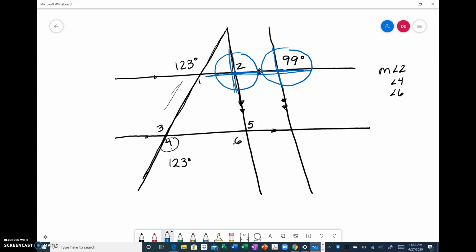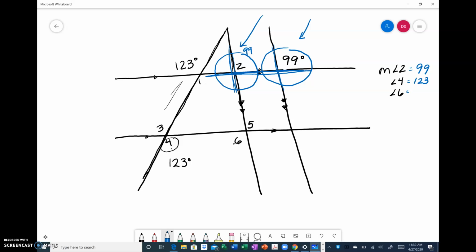So we can say that if this angle in the top right is 99 degrees, then this angle in the top right of the intersection also has to be 99 degrees. So the measure of angle 2 is 99. The measure of angle 4 we already solved, that's 123.